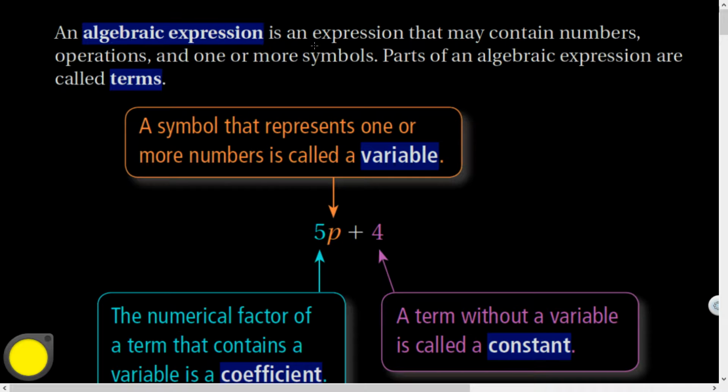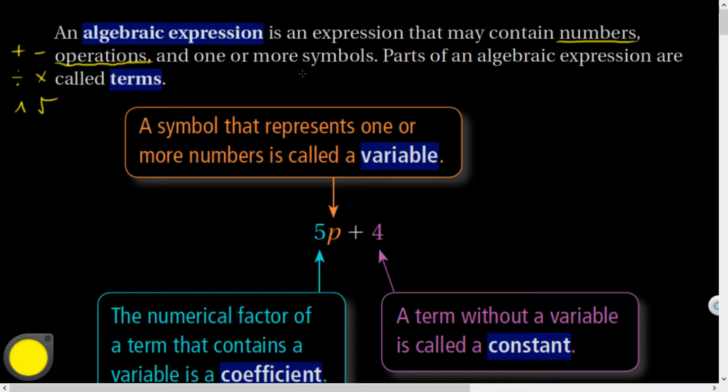But anyways, here we go. An algebraic expression, different than a numerical expression, may contain numbers, like a numerical expression, operations. Devin, what were the operations that we talked about yesterday? What do I mean by operations? You remember? Yeah. And then we even talked about exponentiation and roots as well, but you won't see those for a while.